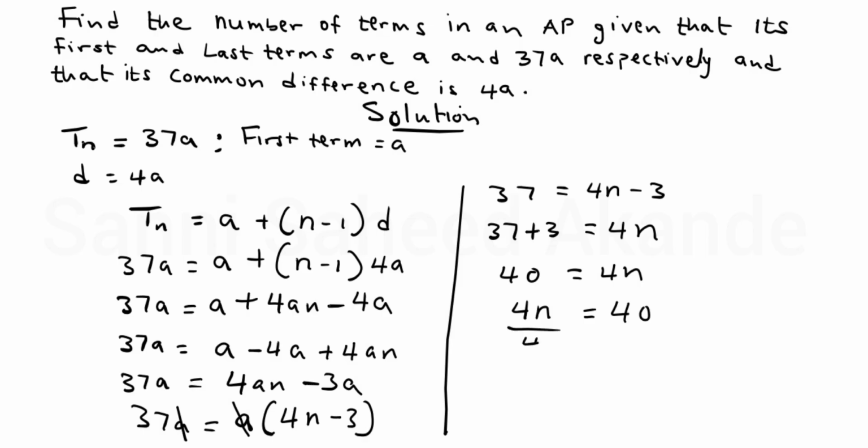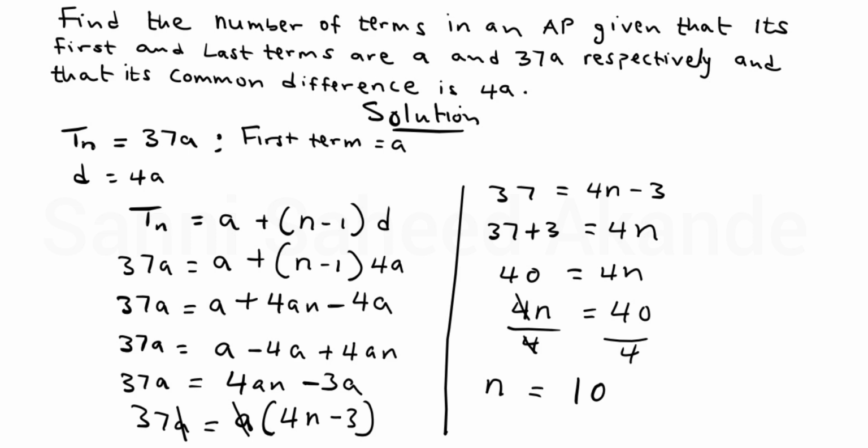When you divide both sides by 4, this 4 cancels this 4, then you have your n equal to 40 divided by 4, which gives us 10. Alright, so the number of terms in this particular AP, arithmetic progression, they are talking about is 10. We have 10 terms. Is that understood?